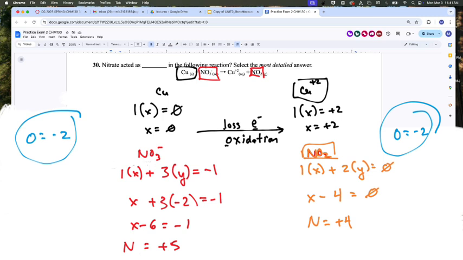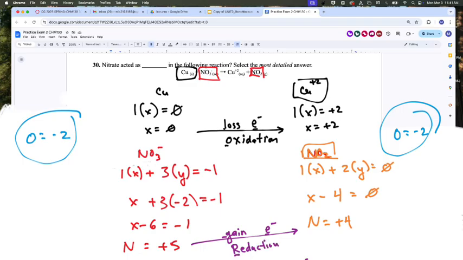Okay, what happened to the nitrogen? We went from a +5 to a +4. What happened to the number of electrons? It gained electrons because we went from a larger number to a smaller number. A gain of electrons is reduction.